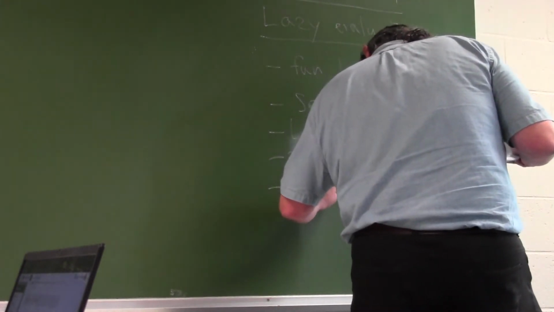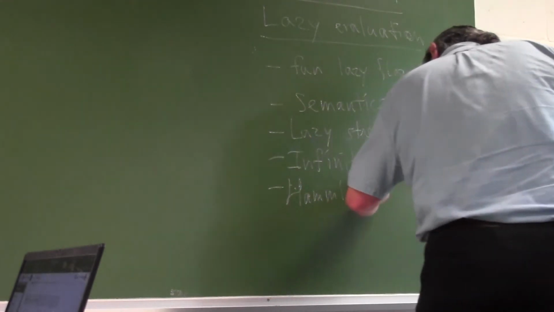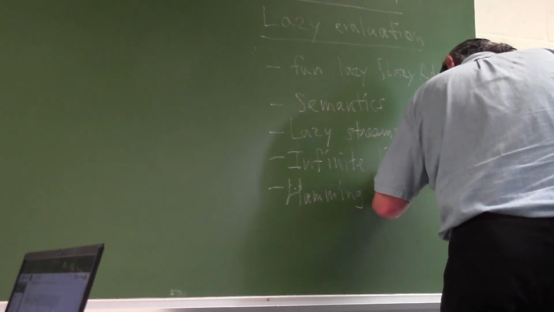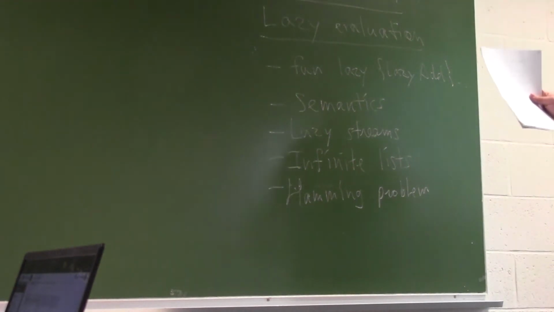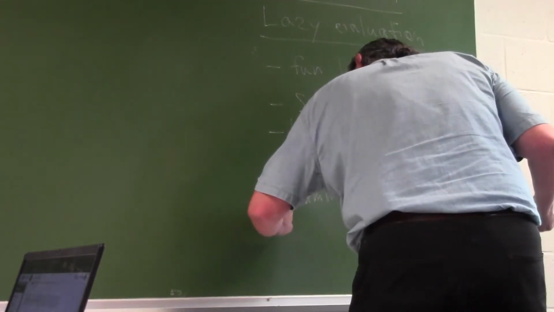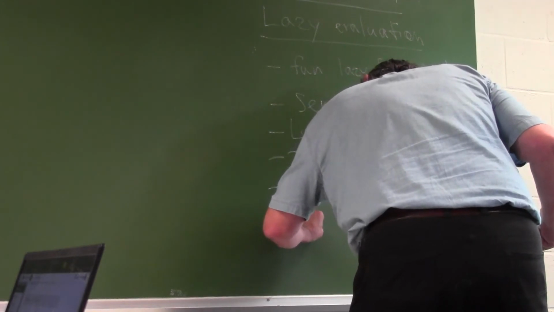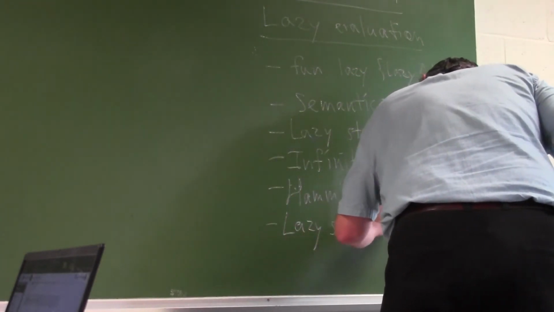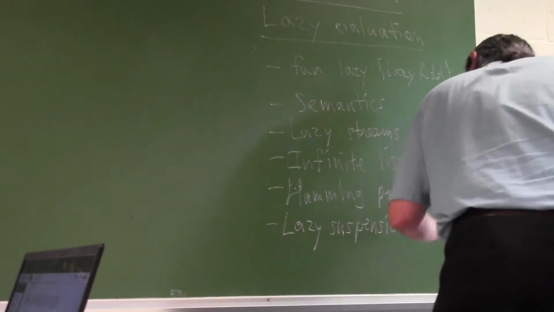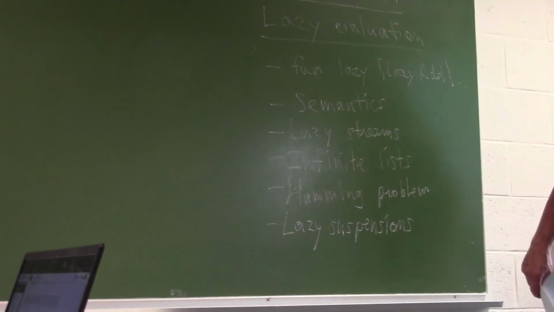One is called the Hamming problem, which shows you the kind of programming techniques you can use when you have lazy evaluation. And then we'll go into how it executes. So I'll talk about lazy suspensions.